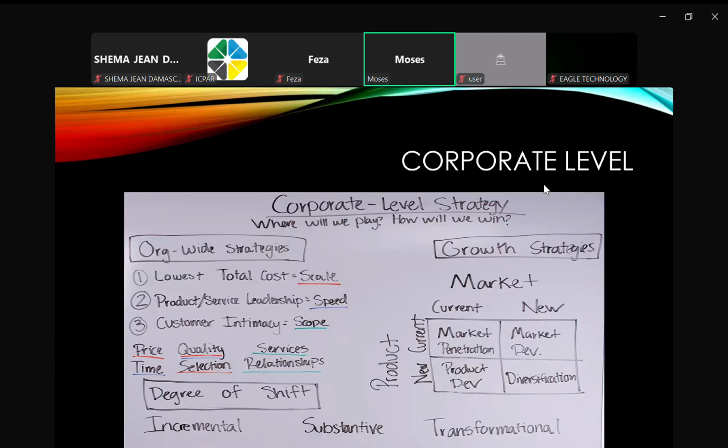And remember in chapter number 1, we talked about levels of strategic planning, and we said there are 3 levels of strategic planning. And those are corporate level strategy, business level strategy, and functional strategy.